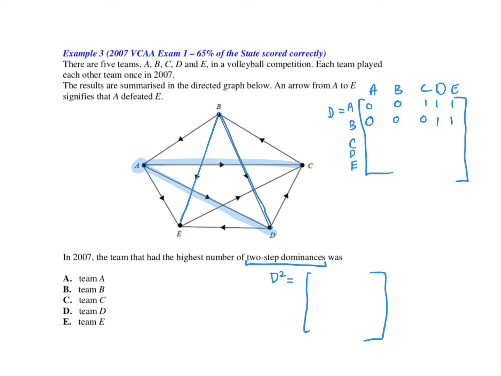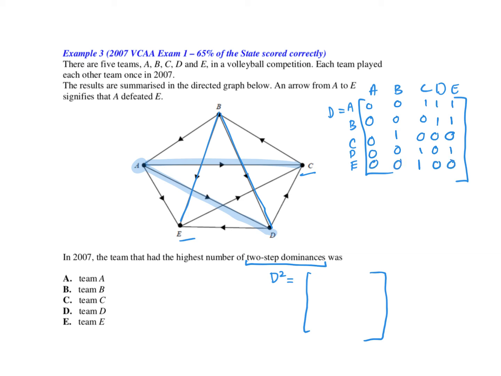Just B? Yep. D, they beat C and E. And the last one, E, who did they beat? They beat C. And was that it? By the looks of it.